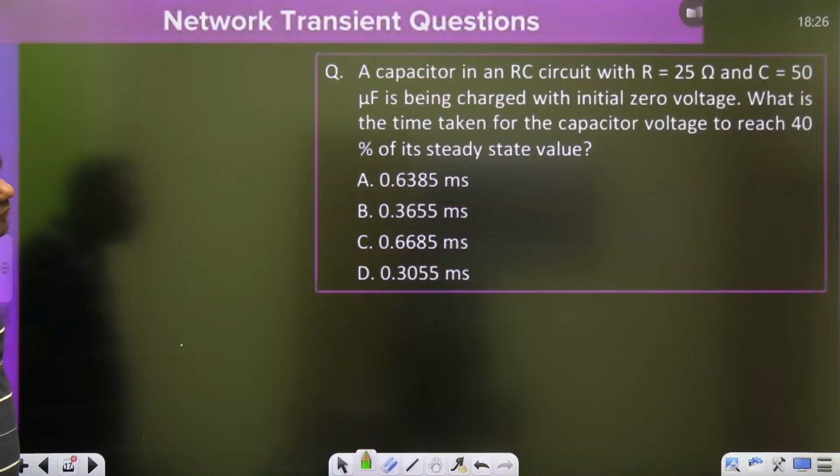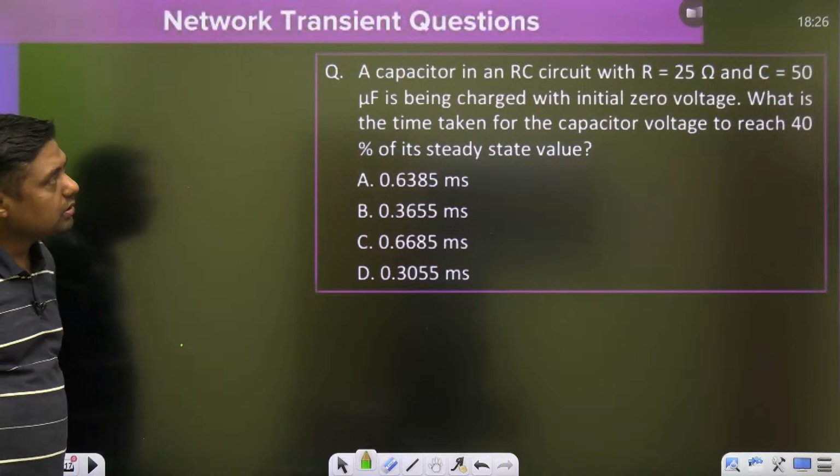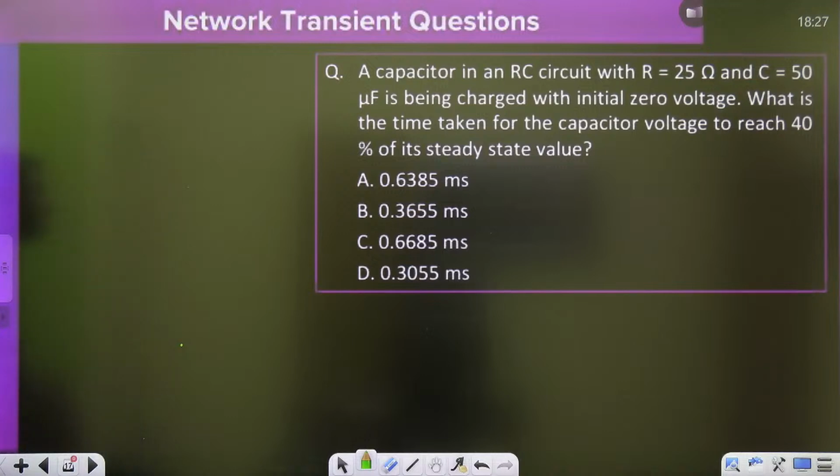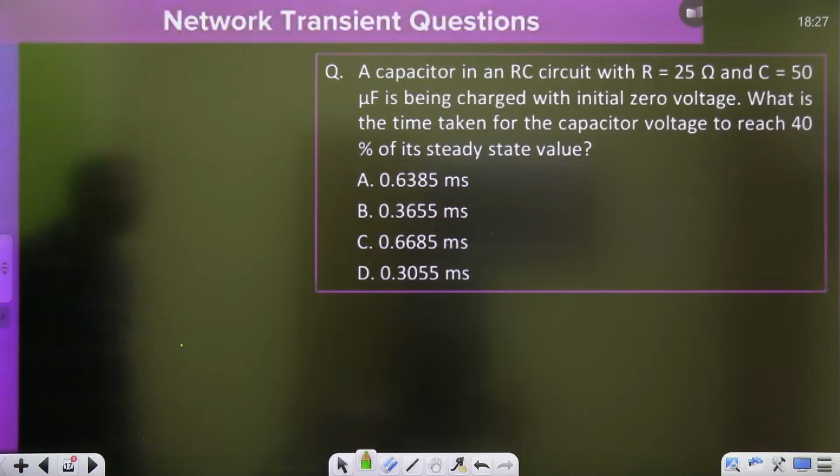What is the time taken for the capacitor voltage to reach 40% of its steady state value? Can we find this?